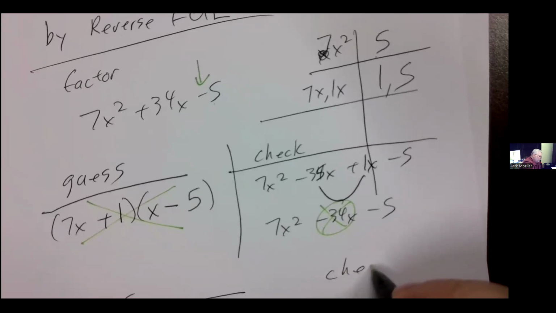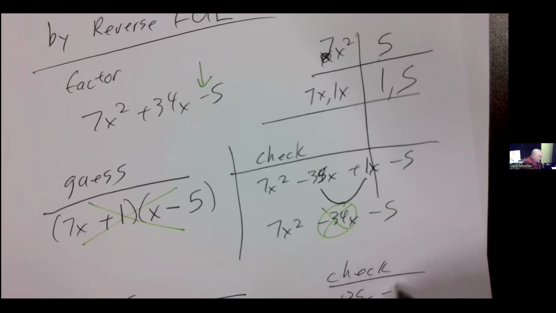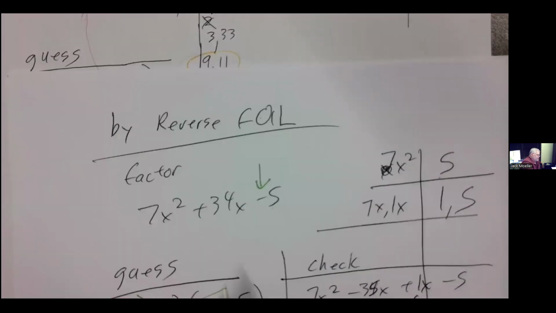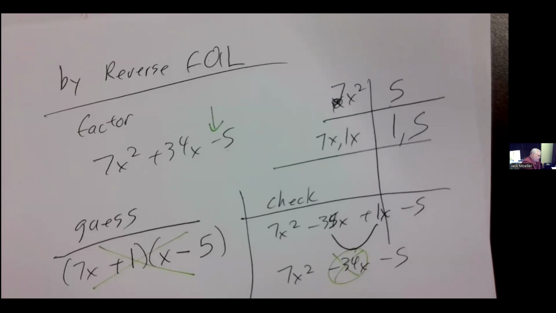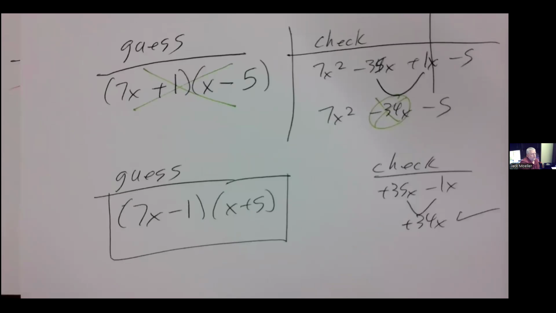We check that. Again, I'm just going to check the outer and the inner. So we're going to get plus 35x minus 1x, which is plus 34x, which is what we want. That's good. So there's our answer: 7x minus 1 times x plus 5.